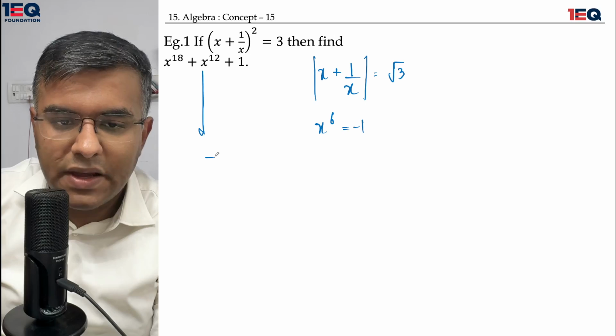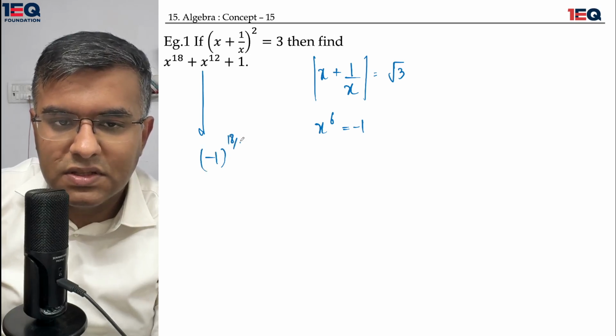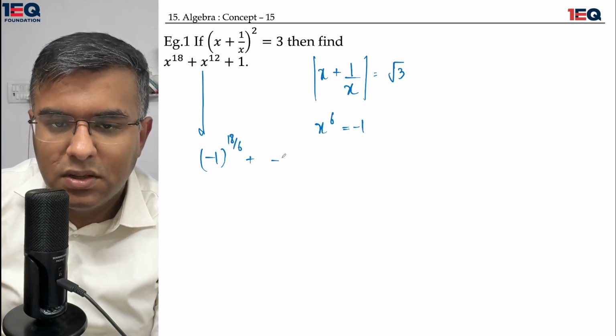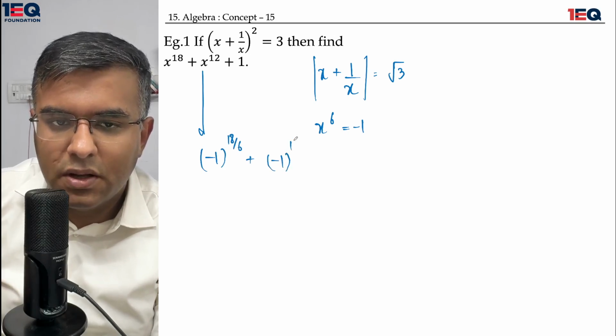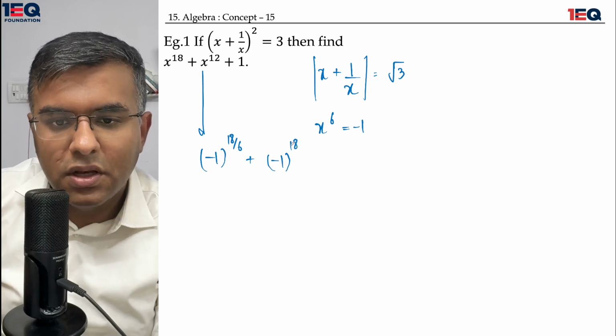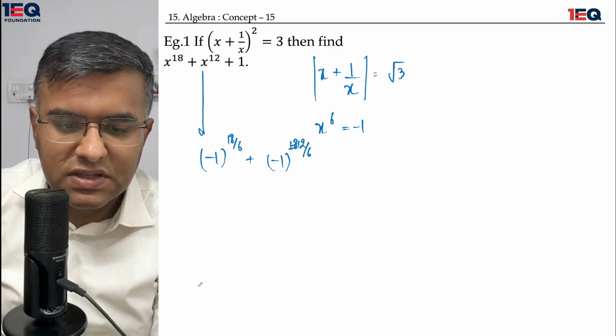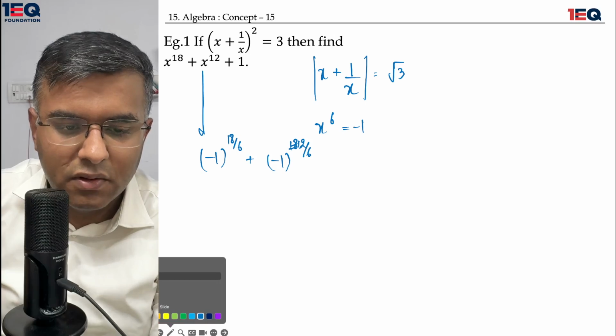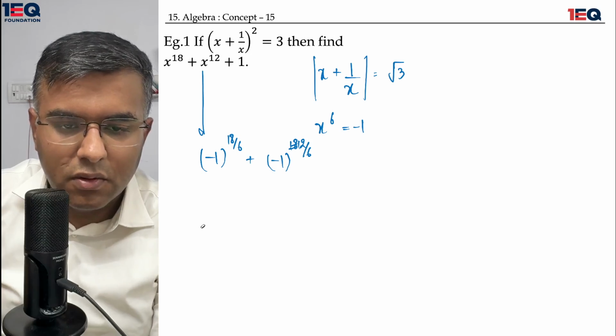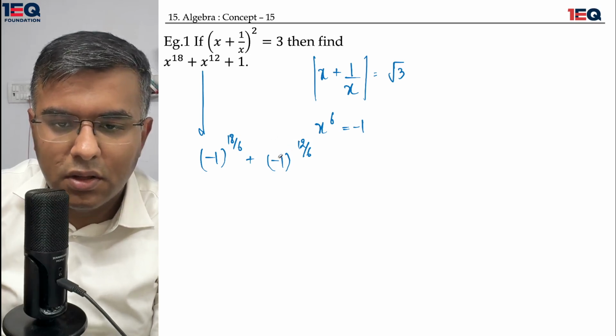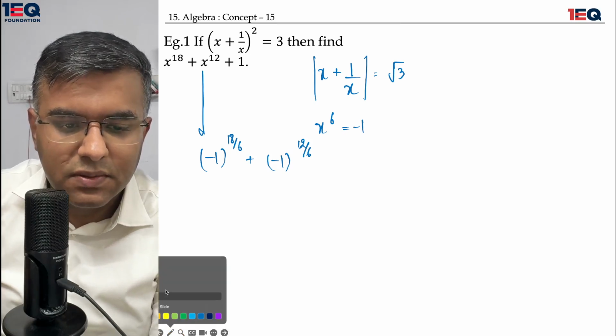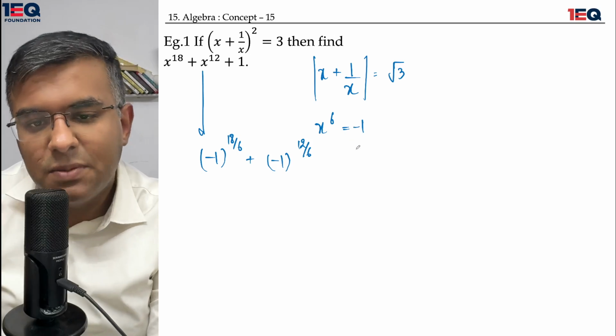So minus 1 raised to the power 18 upon 6 plus minus 1 raised to the power, sorry, 12 upon 6. Okay, I'll rub it off for better understanding. Yeah, 12 over 6, because every sixth power is equal to minus 1.